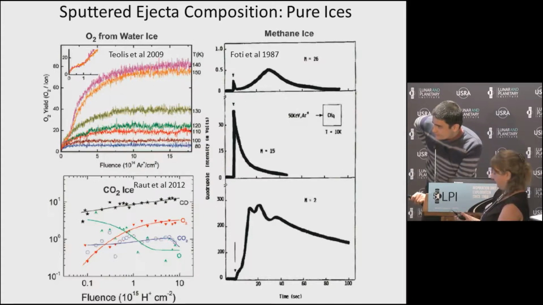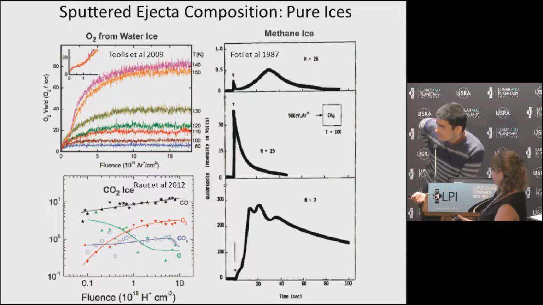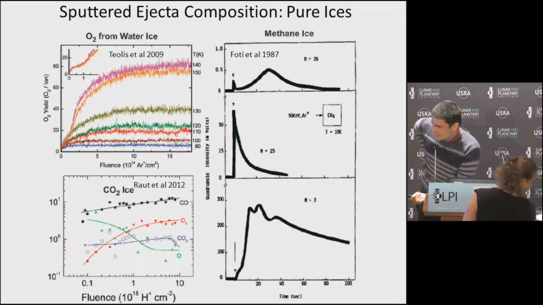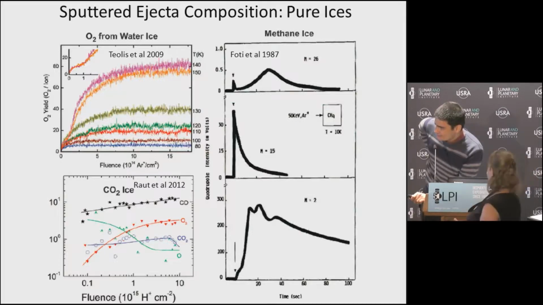And you can see in both of those experiments, you have this buildup of O2 as a function of dose, showing that there's some analogous chemical processing of both the CO2 and the H2O ice, in the sense that both ices accumulate trapped molecular oxygen and oxidants, radiolytic oxidants, in the solid. They become oxygenated. And so that shows up in this dose dependence of the O2.